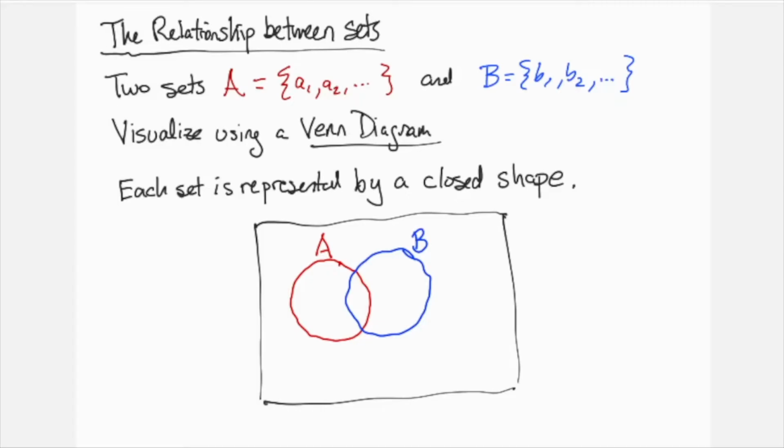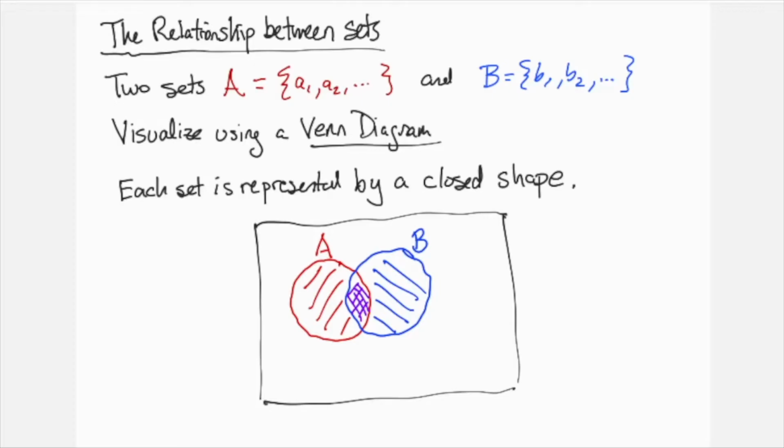Now, some elements may be only in A and not in B, or maybe the elements are only in B but not in A, and we would then use those moons on either side of this diagram. Or maybe we have some elements that are both in set A and in set B, and we would put those in the middle.